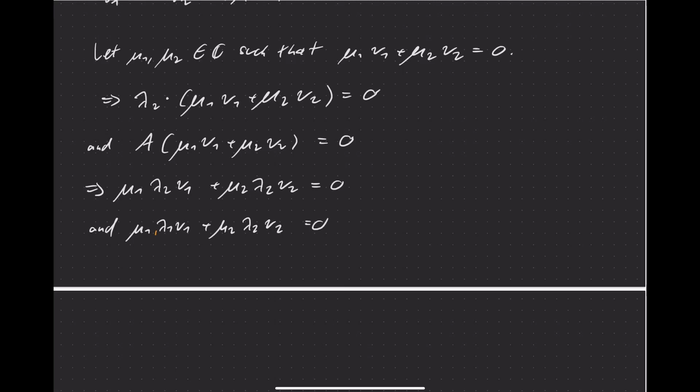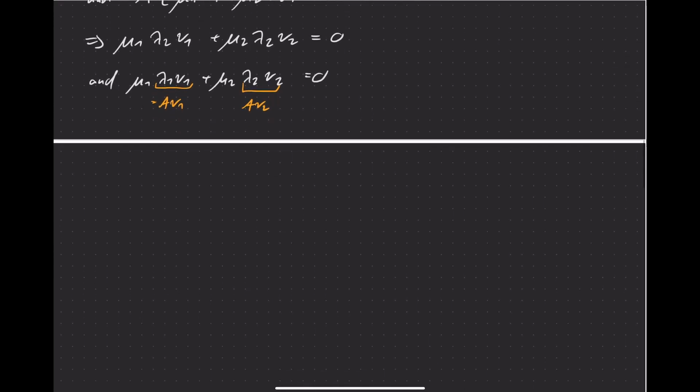Right, so this is equal to A v1 and this is equal to A v2 because v1 and v2 are eigenvectors. Okay, now if we just take the difference of these two, let's give those names. So let's say this is equation 1, this is equation 2, and now we're taking the difference here. Let's say 1 minus 2.